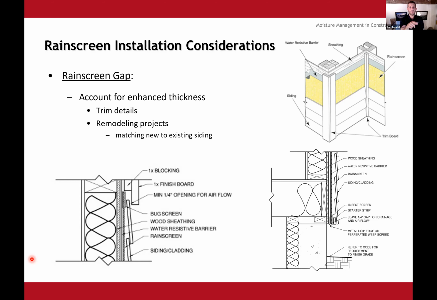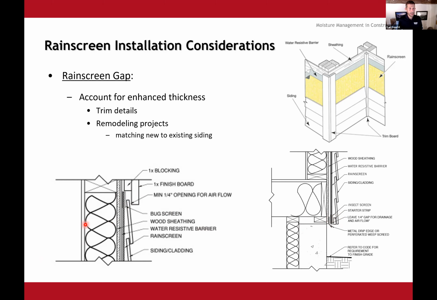Just a couple of things, though, I will point out on this slide that are really important. When we have a drainable house wrap or a rain screen, our head of wall and our bottom of wall have to remain open. You've got to leave a gap there for drainage and airflow. And I've been on some pretty big projects where this detail was missed and there was massive failure, right?